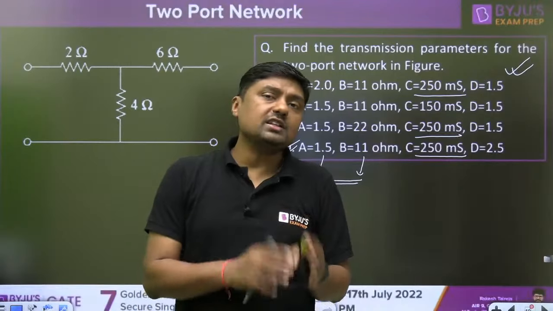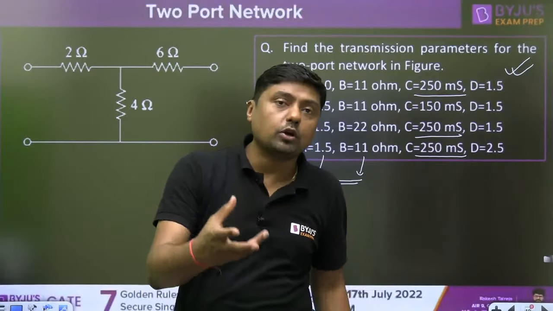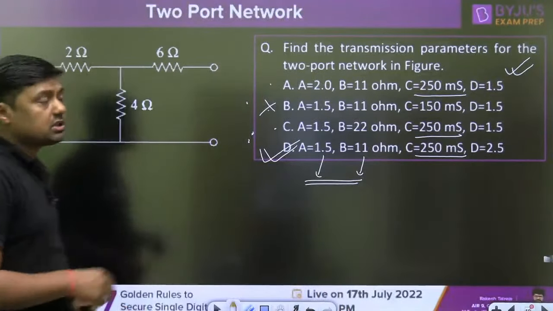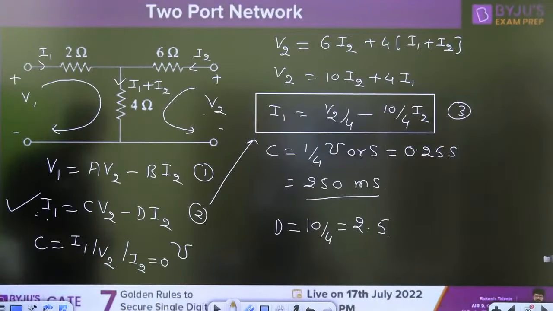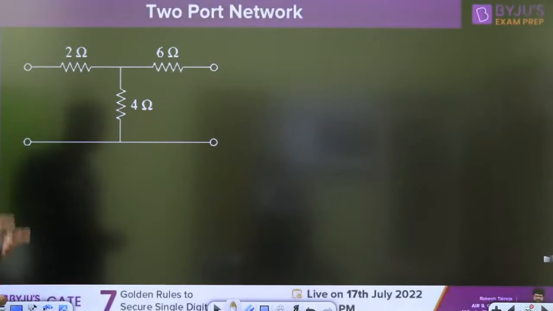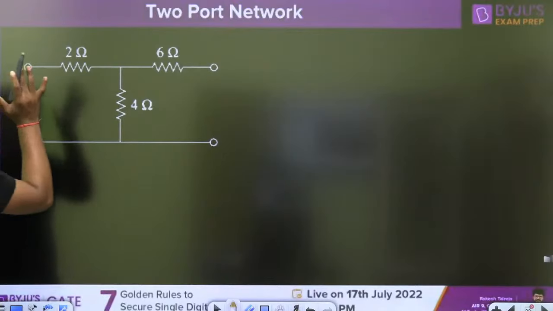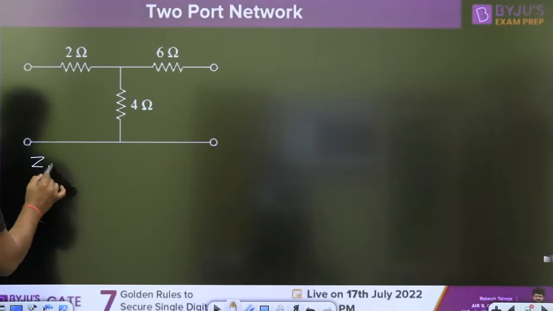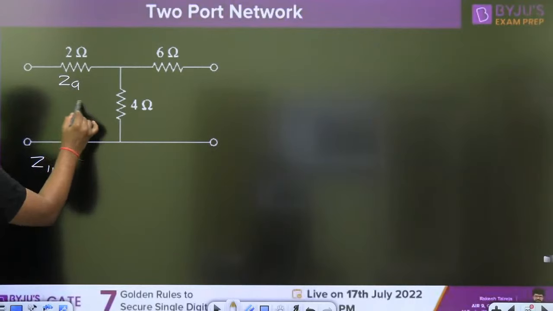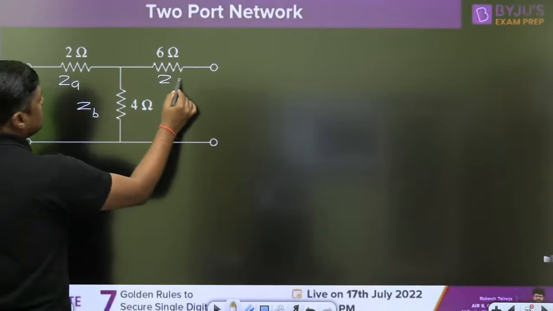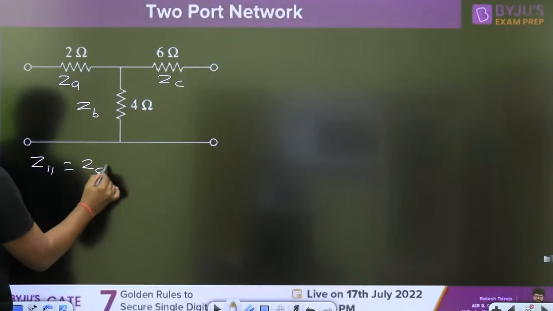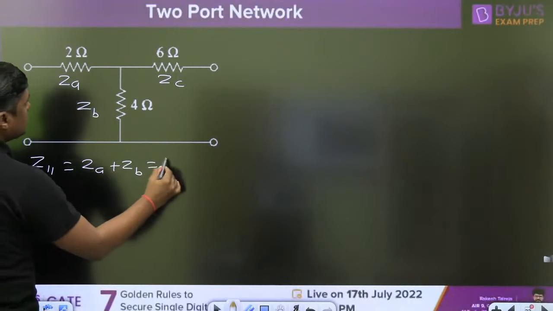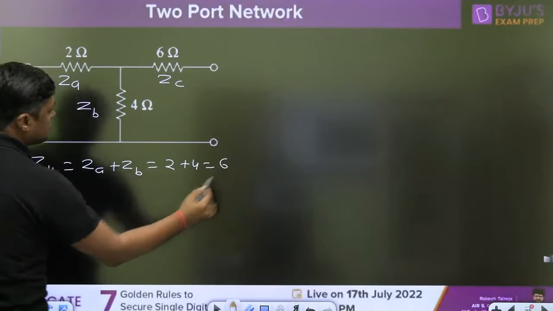First of all, find the Z parameters and use the concept of conversion. If you have the idea about the conversion, then this question will become very, very easy for you, because for any T network, Z parameters are very easy. This is called ZA, this is called ZB, and this is called ZC. So Z11 is ZA plus ZB, that is nothing but 2 plus 4, that is equal to 6.